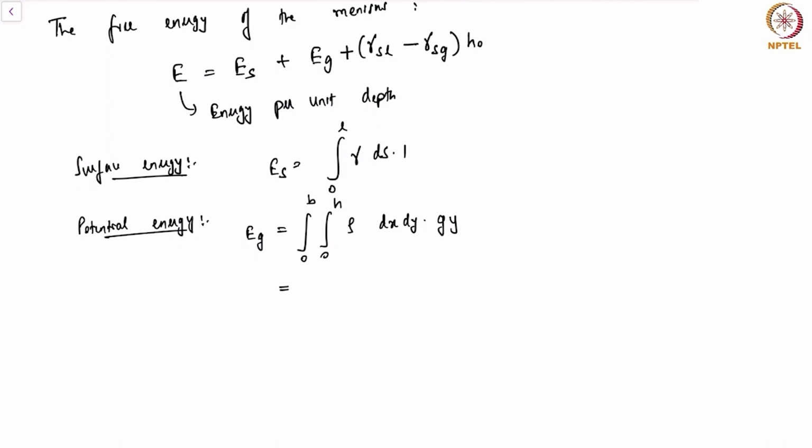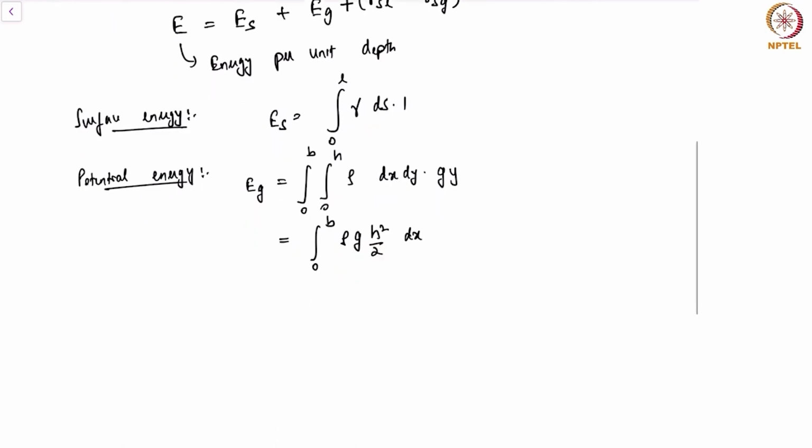So I have 0 to b times, I can integrate in y. So I have rho g y dy essentially becomes h square by 2 dx. This is what I have now.